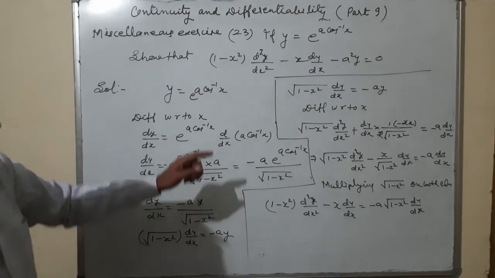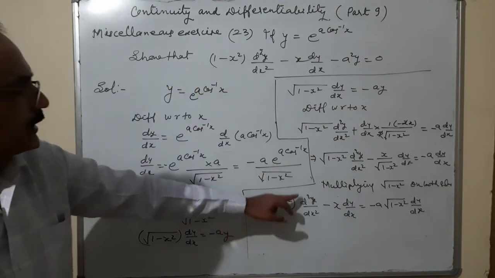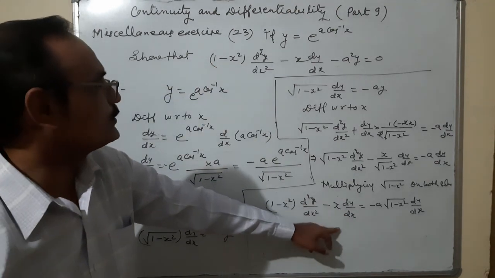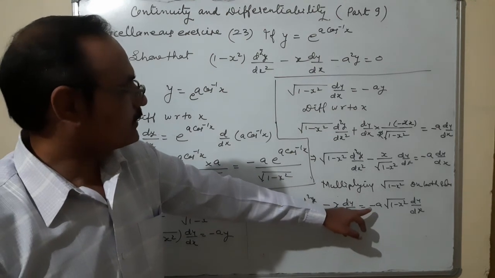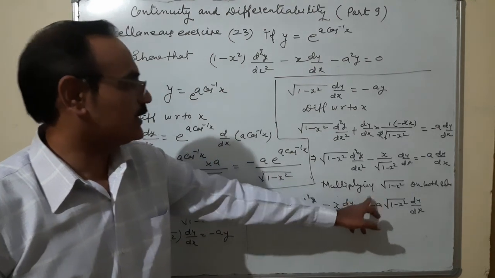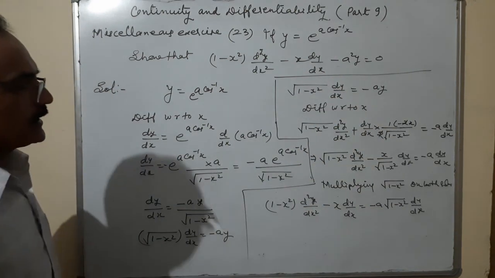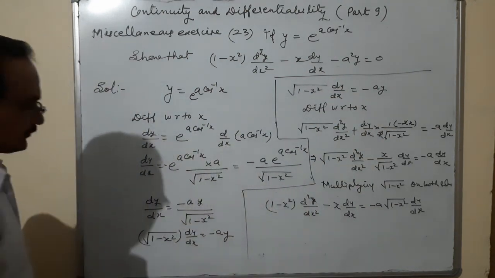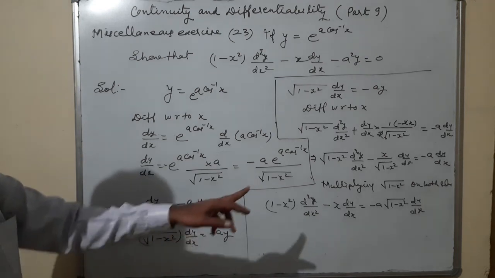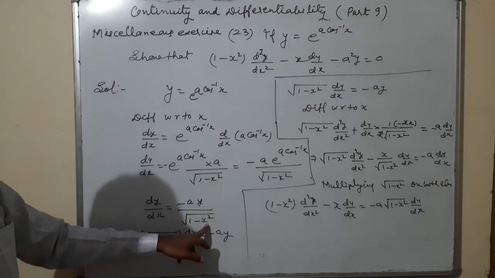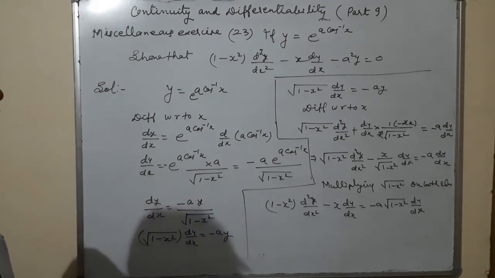Is it okay? Now you can see that 1 minus x square d square y by dx square minus x dy by dx, and it is coming minus a under root 1 minus x square in this term. So how to convert that term? Well, let us see. I will put the value in place of dy by dx there, minus ay upon under root 1 minus x square. Then what happens?